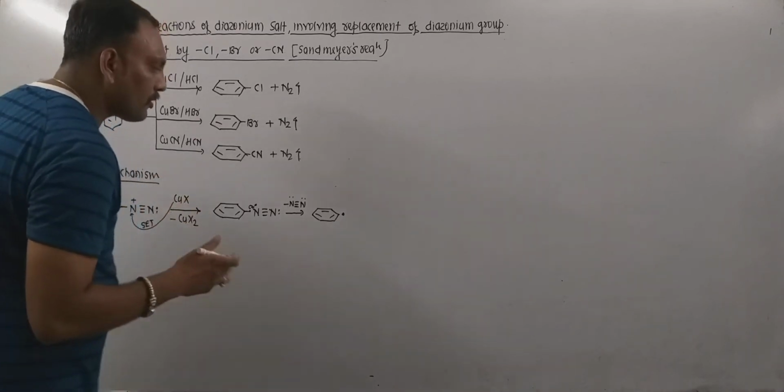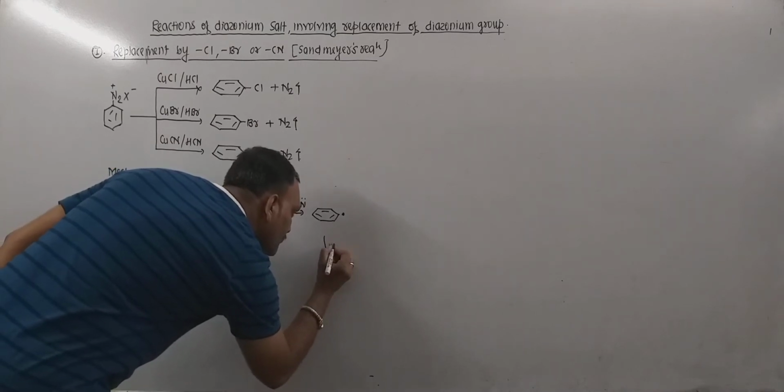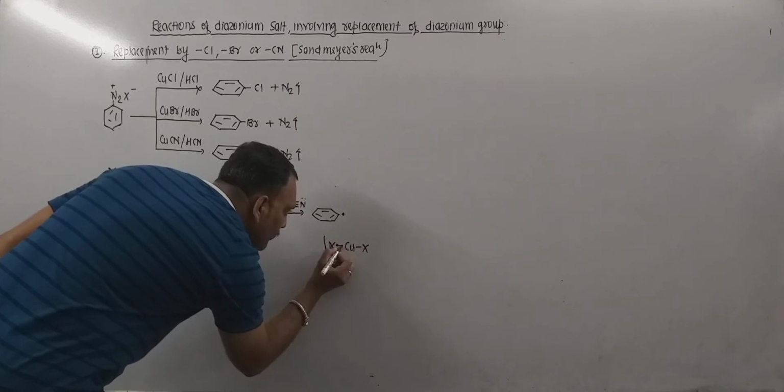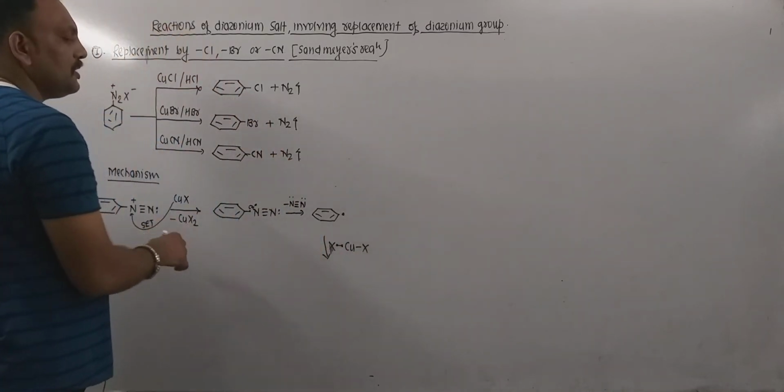Now most importantly, this phenyl free radical gets attacked by the halogen in the form of a free radical from our salt CuX2.